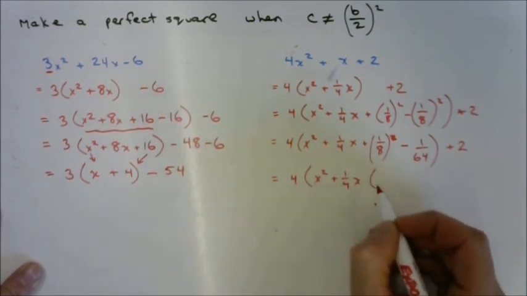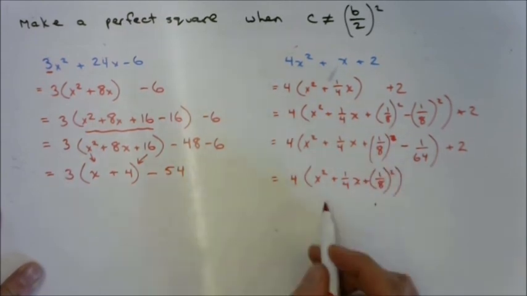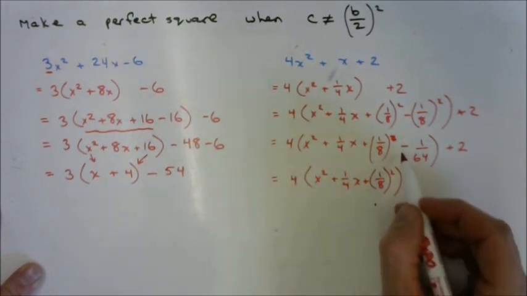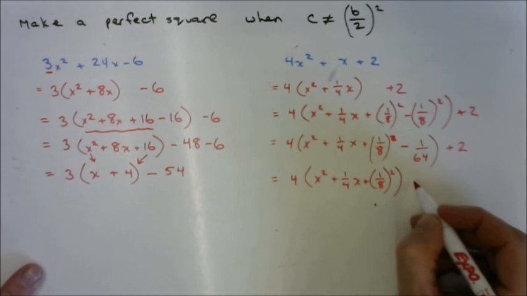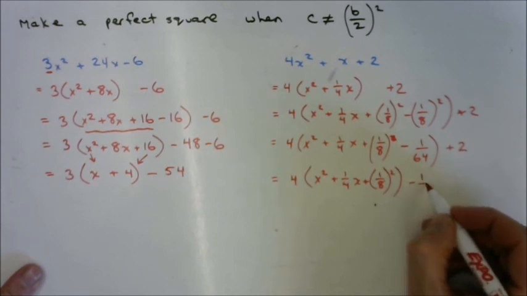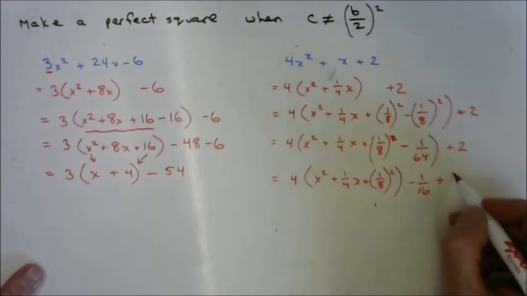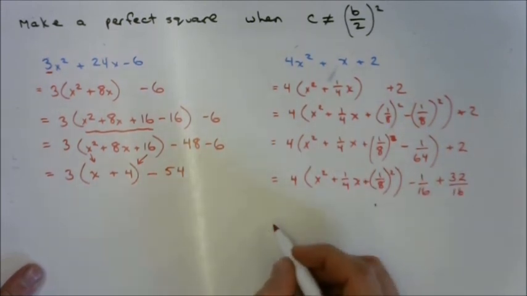So I'm going to remove it from the brackets. Here's my perfect square trinomial. By multiplying by 4, I'm going to end up with negative 4 over 64, which is 1 over 16. Okay, so I've got negative 1/16 out here, and I'm going to add this 2. I'm going to express that as a fraction over 16, which is 32/16.